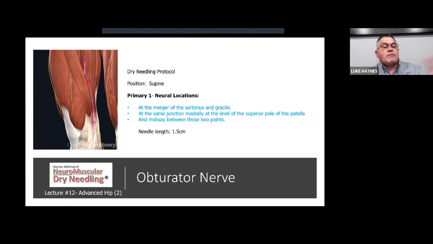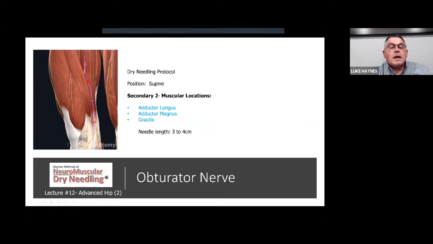The obturator nerve travels between that. It is a potential site of entrapment. So needling in there for both the muscular piece for gracilis and sartorius, as well as the nerve stimulation itself. And needling here is just 1.5 centimeters.